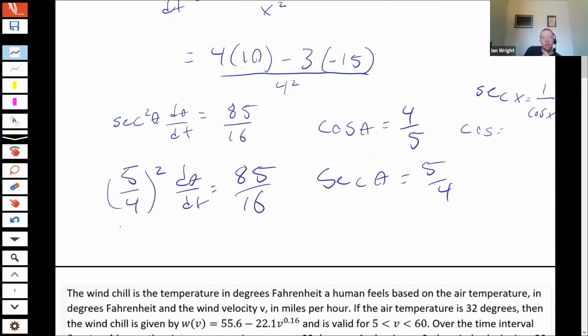And then I get 25 over 16 d theta dt equals 85 over 16. And then when I divide, you should get 17 over 5.